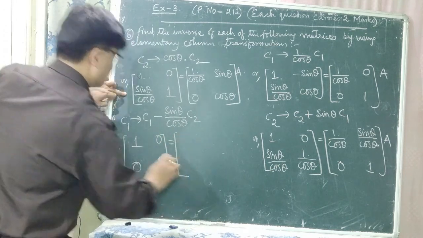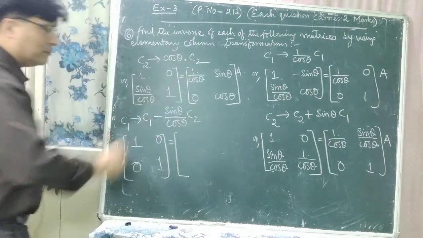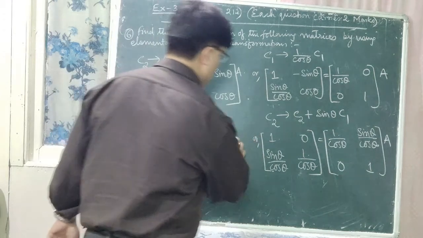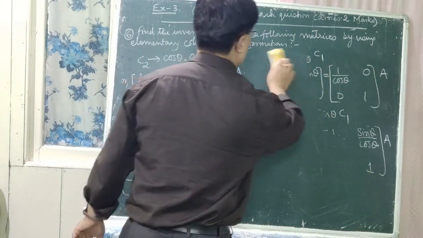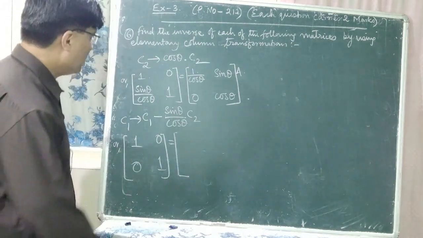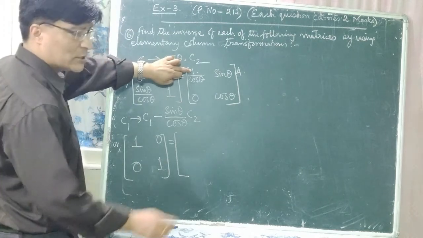Which is equal to, now here. So how is it changing? Now how does this column 1 change? So it is 1 by cos theta.